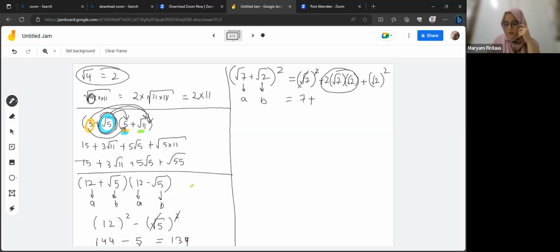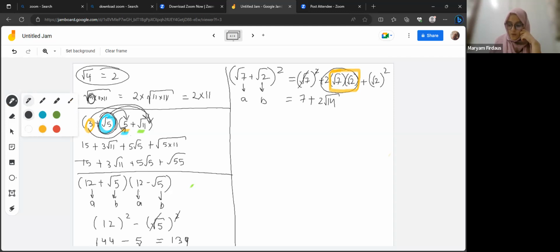What is it? 2 root 14, not 14, because look at this root, this is root 7 into root 2.